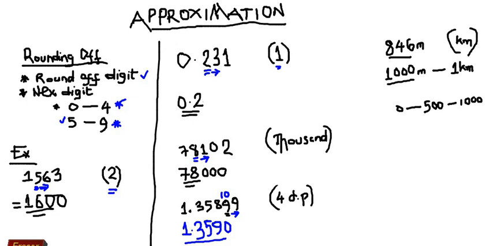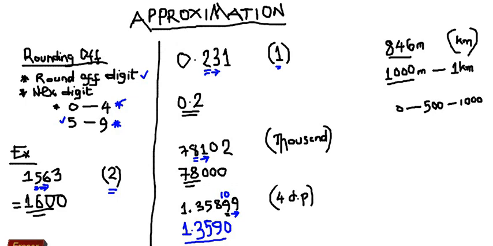So when we look at a unit like 846 meters, 846 meters is in the upper half of the units that take us to 1000. In short, on the scale of meters that give us kilometers, 800 is closer to 1 kilometer, which is 1000.